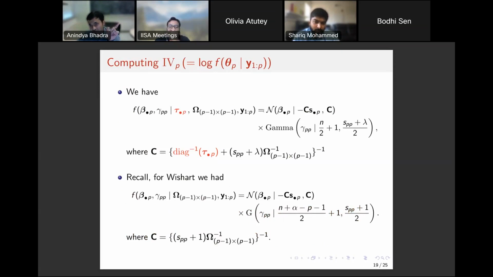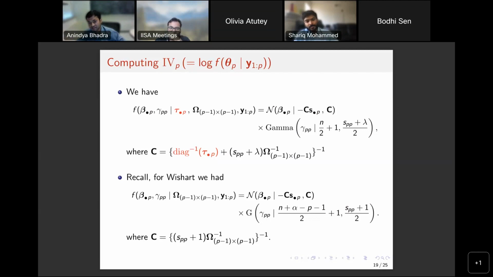But conditional on tau, you still exactly have a normal times gamma. Now the prior covariance matrix C of that normal involves this latent mixing variable. But that's fine. The density that I'll evaluate is still the density of theta p given rest, and rest now involves this latent mixing tau. This tau needs to be sampled from the posterior, but the density of tau given rest will never have to be evaluated.